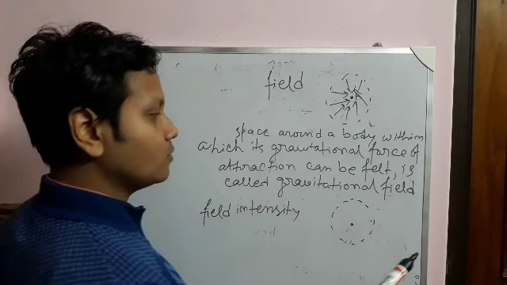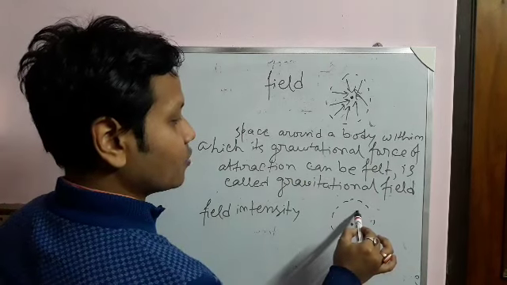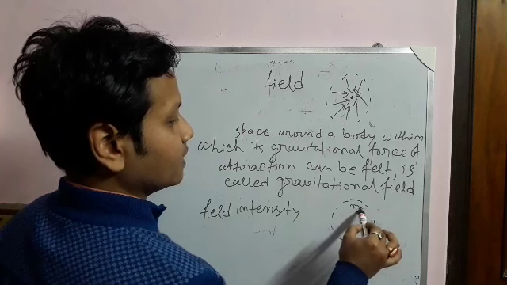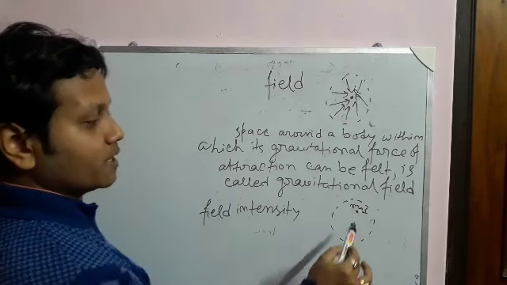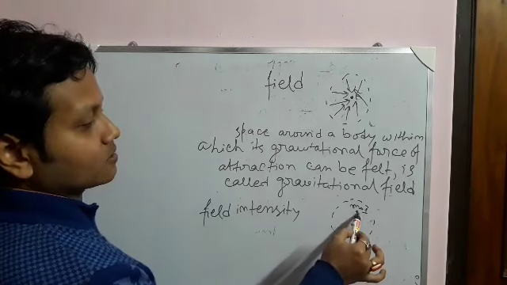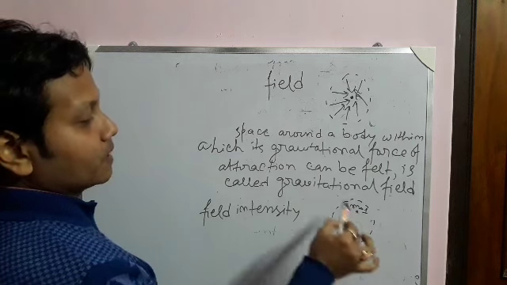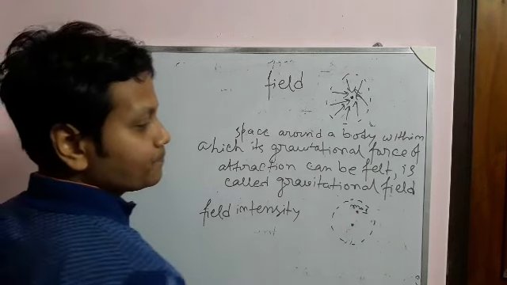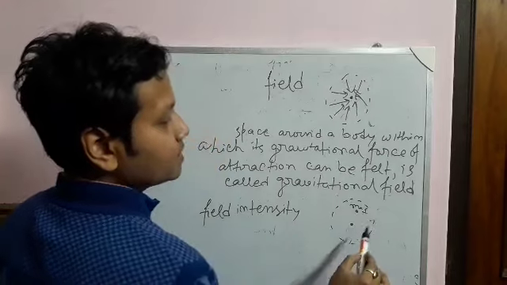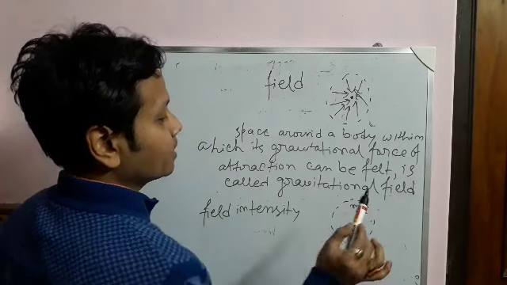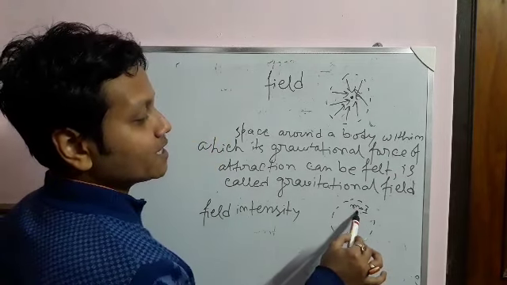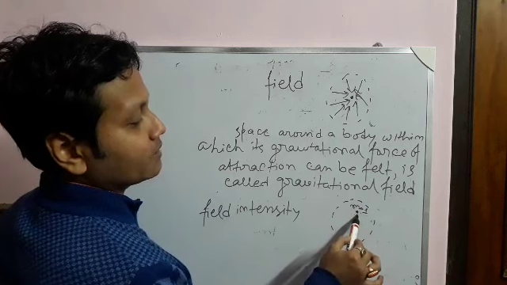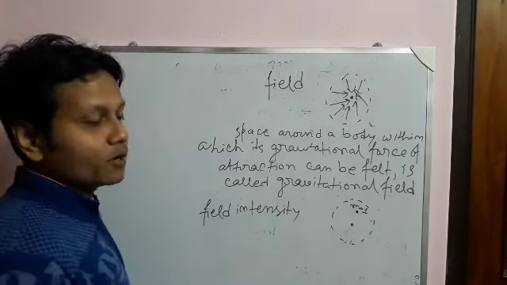If you place a unit mass at a point, then the force experienced by that unit mass is called the gravitational field intensity at that point.